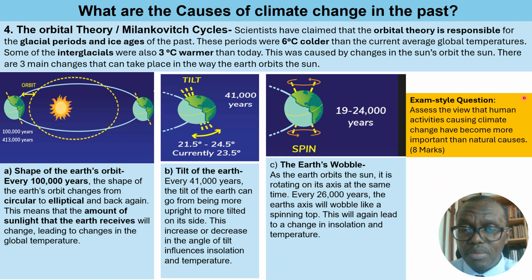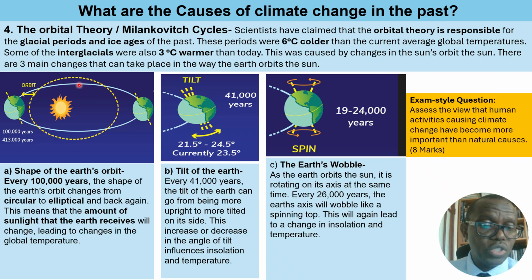And there's an exam style question here, and this one says to assess the view that human activities causing climate change have become more important than natural causes. So in this question, you'd be debating whether human causes of climate change are more significant nowadays than the natural causes that took place previously.